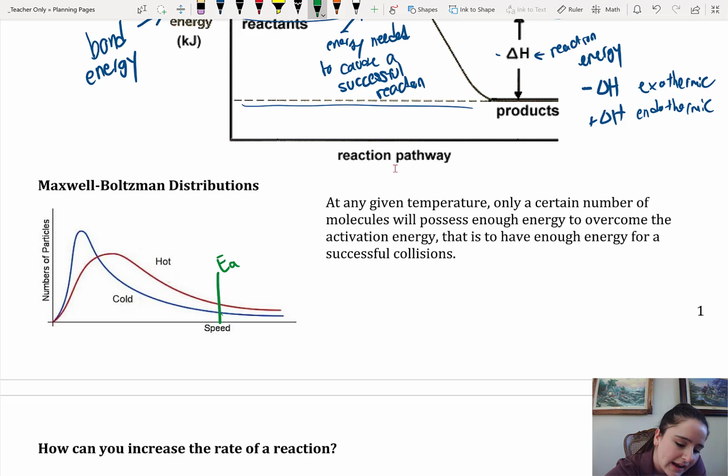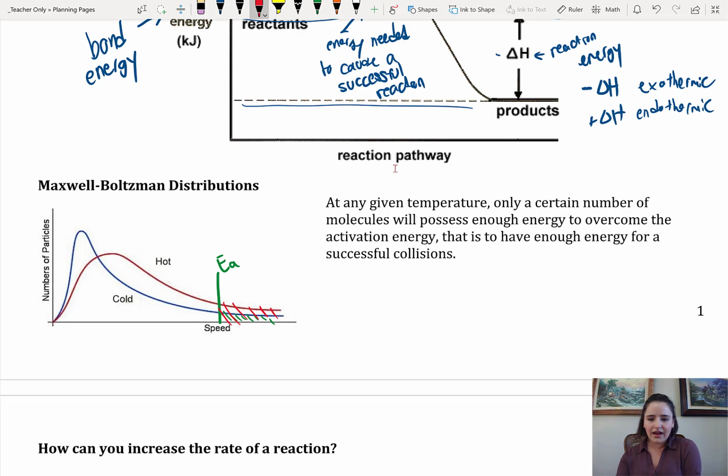So you can see that a higher proportion of the warm molecules have enough energy to form those successful collisions. Okay, that's why raising the temperature often increases the rate of a chemical reaction, because you have more molecules moving faster, thus more of them will have enough energy to overcome that activation energy.